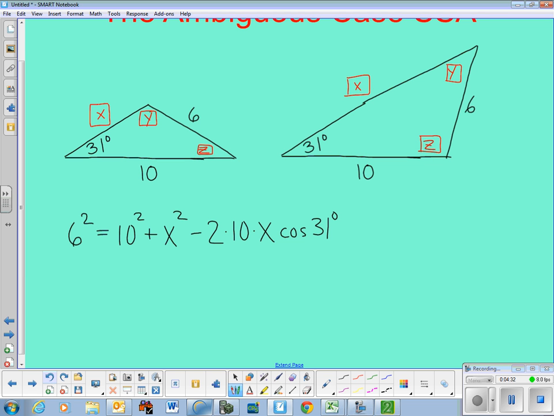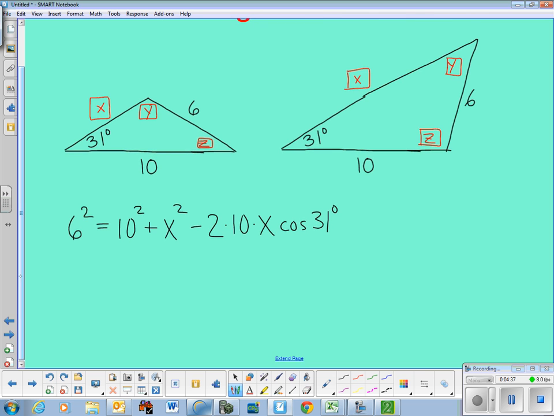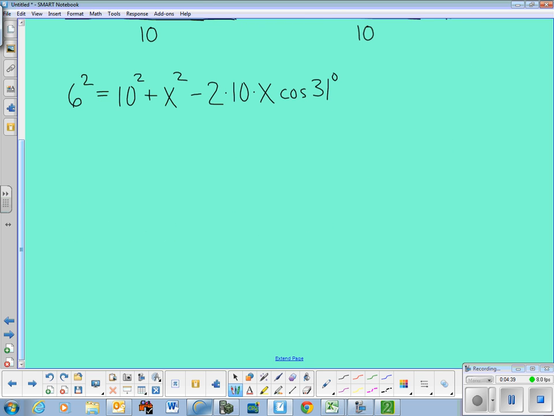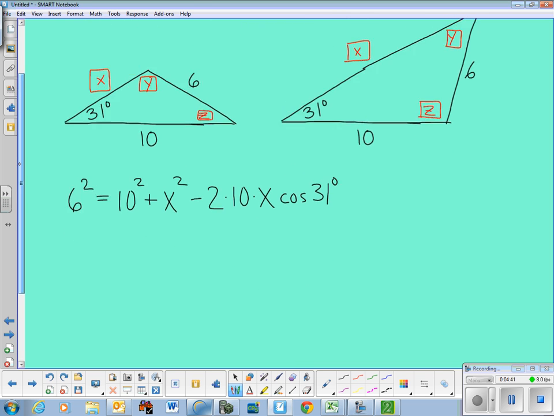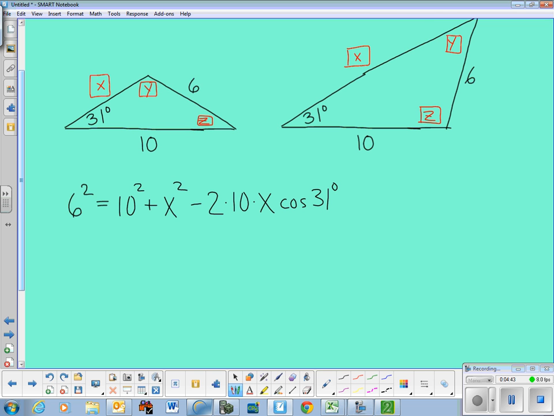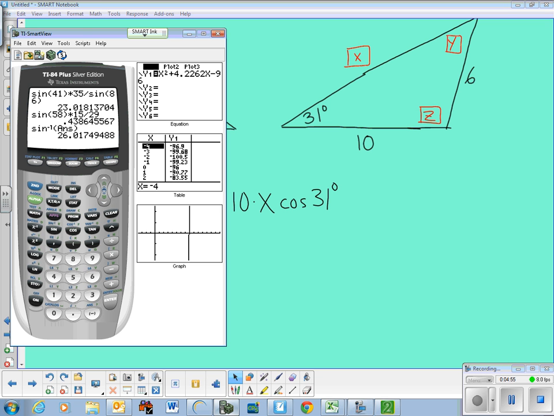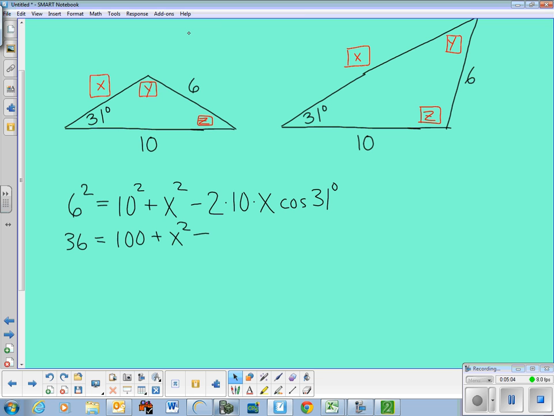Now, you're going to get a quadratic equation if you work this out. That quadratic equation should reveal a lot about which one of the cases we have, or it'll tell us that there are two possibilities. All right, so 36 equals 100 plus x squared minus 2 times 10 times cosine of 31. 2 times 10 times cosine of 31 is 17.1433.